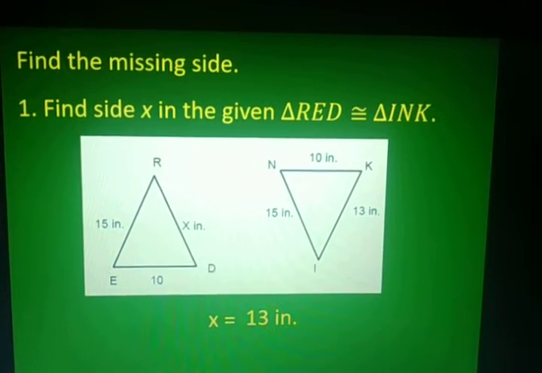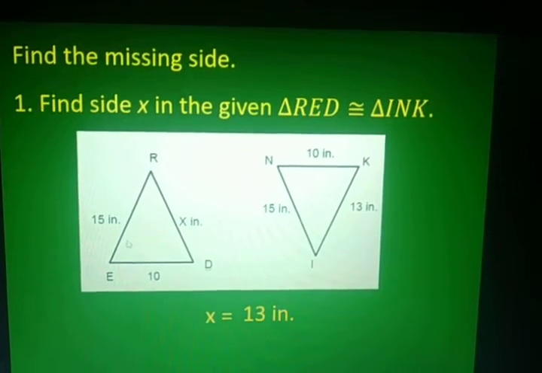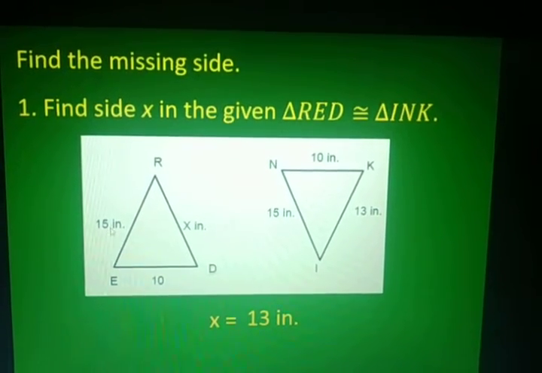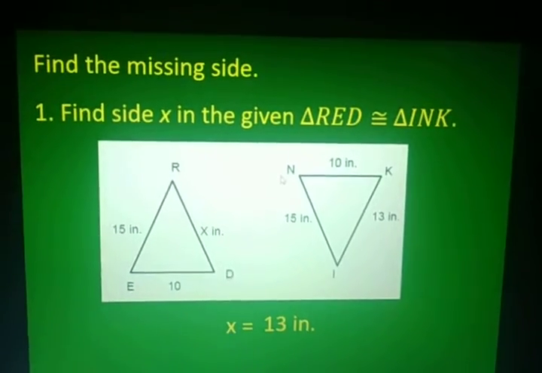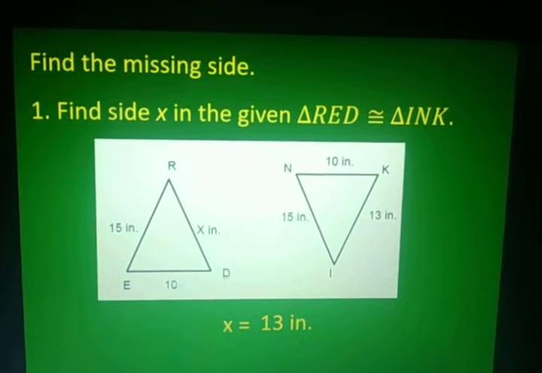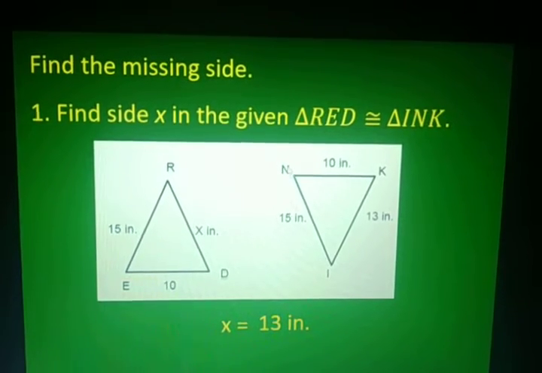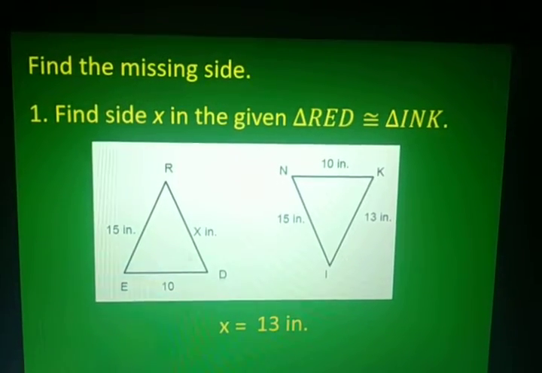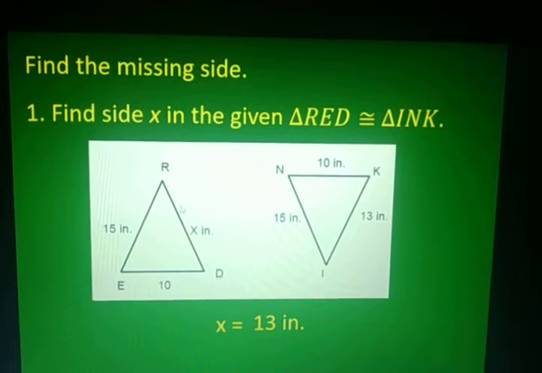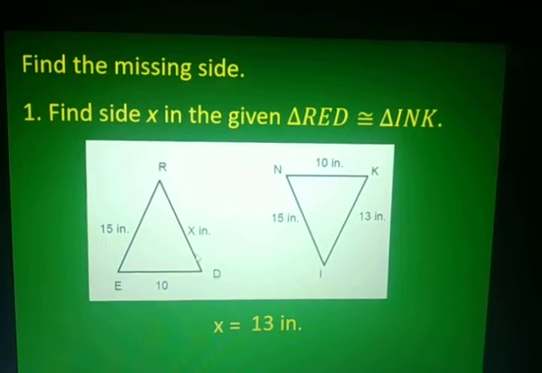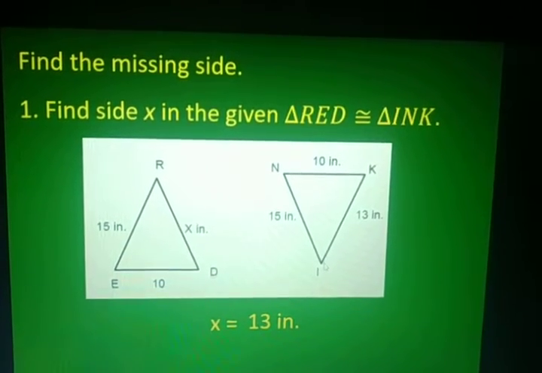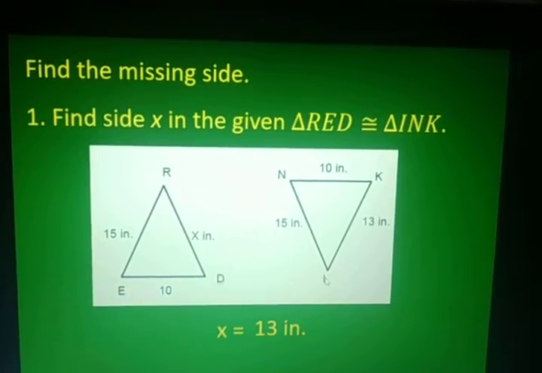Side RE corresponds to side IN, and you see RE is 15 inches and IN is 15 inches, because when they are corresponding, they are equal. Side ED corresponds with side NK with 10 inches. And the missing side, side X, which is side RD, has a corresponding side, side IK.